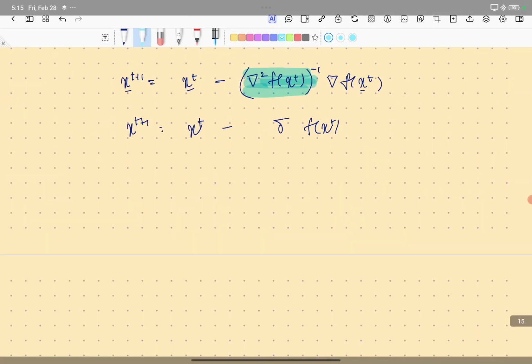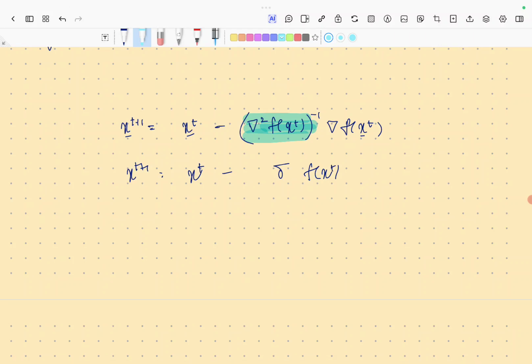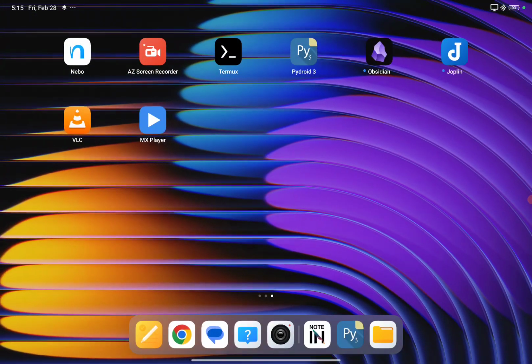Is Newton's method doing better here because this is like a quadratic-like function? Exactly, it is. In fact, that's the point I was trying to make.